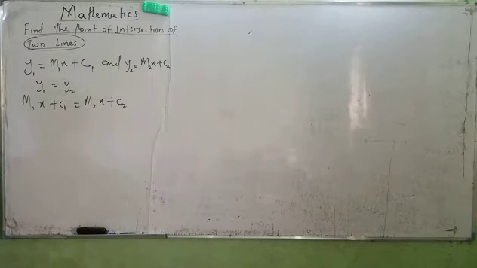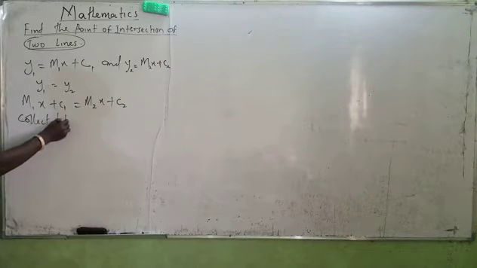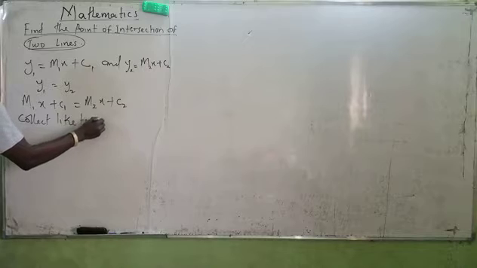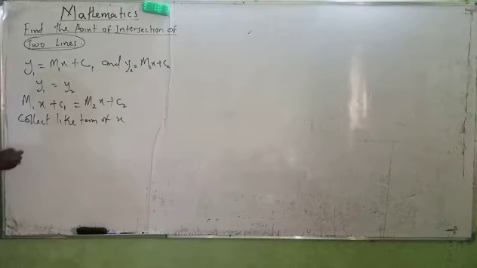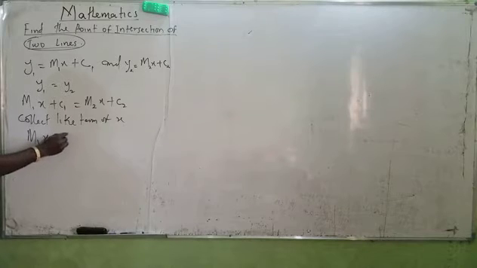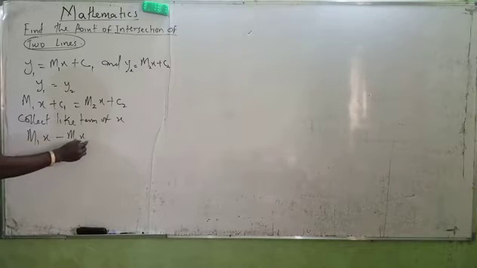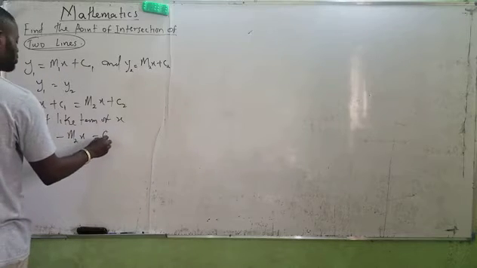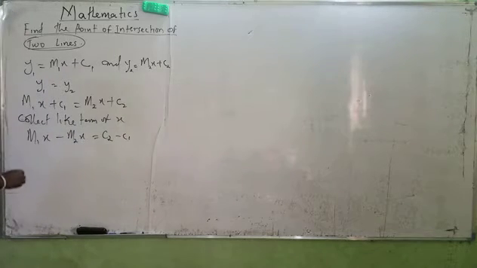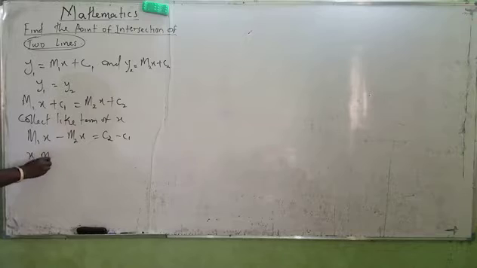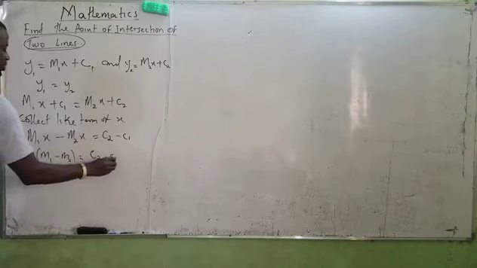I want to collect like terms. It means m1x minus m2x equals c2 minus c1. Now x times (m1 minus m2) will be equal to c2 minus c1.